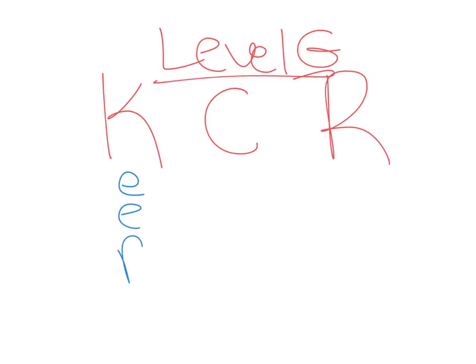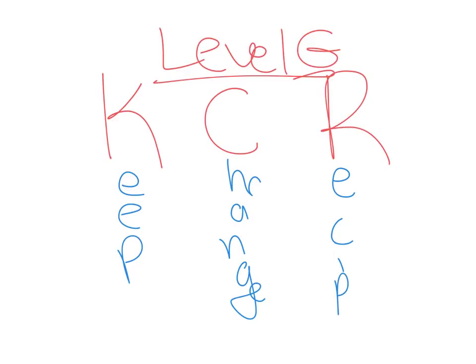You keep, change, reciprocal. Sorry, I wrote that kind of to the side. So reciprocal, you probably heard last year, you probably heard flip. Flip is a term that you use in gymnastics, and I'm not your gymnastics teacher.